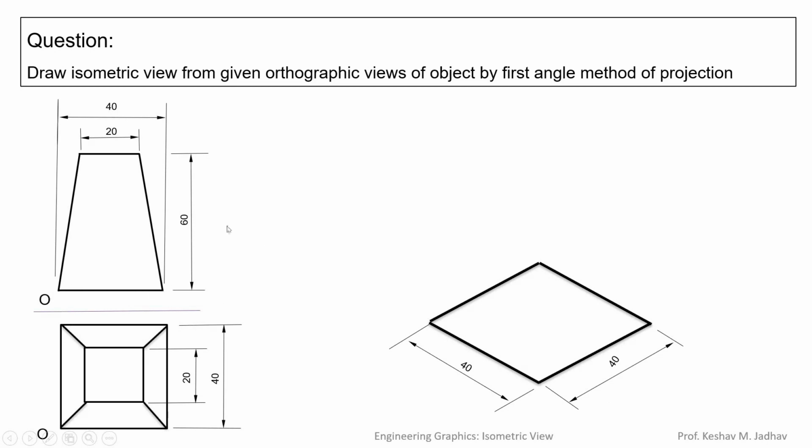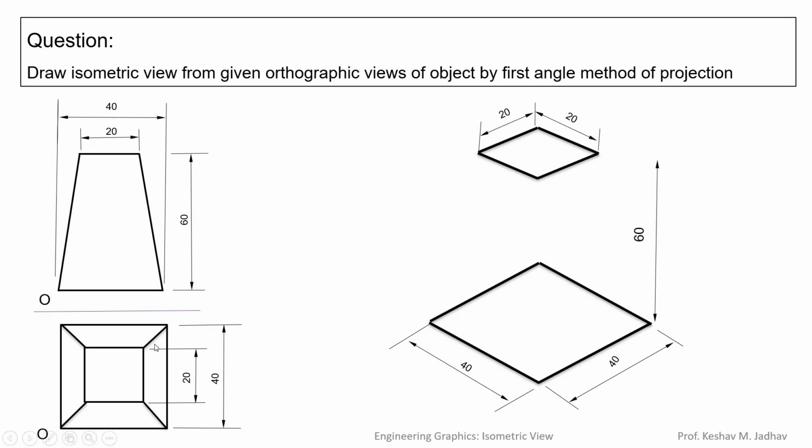Now this inner square, which is of 20 by 20 mm, if you take the projection of this inner square in the front view, then here it is a horizontal line of 20 mm. Means this inner square is at 60 mm height from the bottom square. So this is the bottom square of 40 by 40, and from this bottom square at 60 mm height there is a top square of 20 by 20 mm dimension, like this.